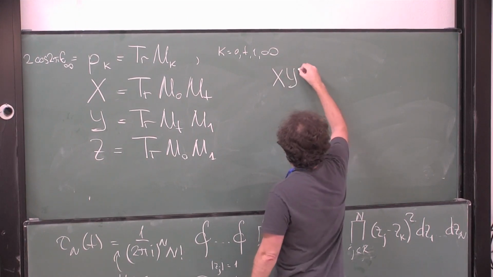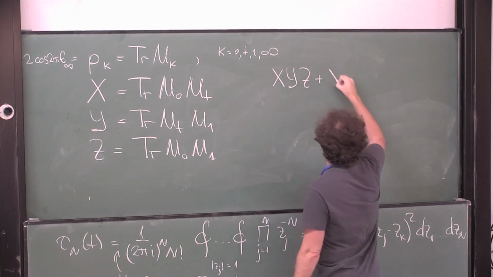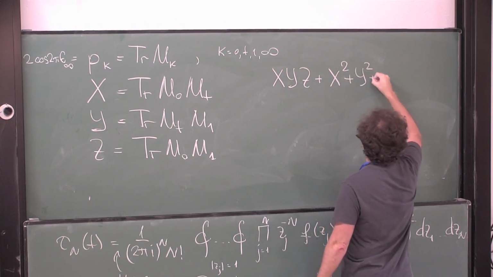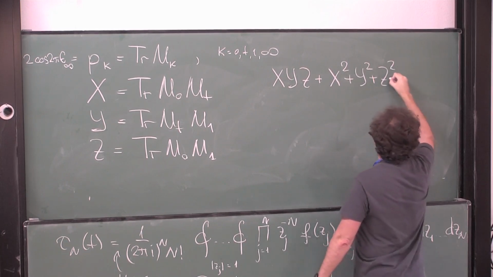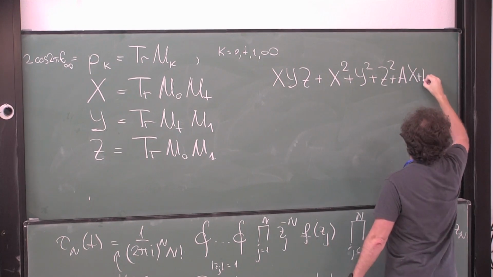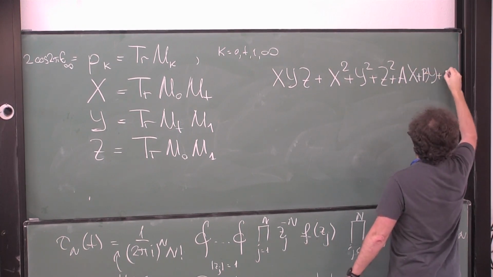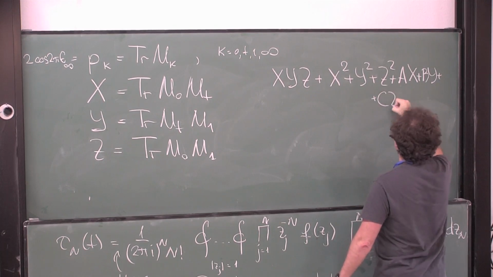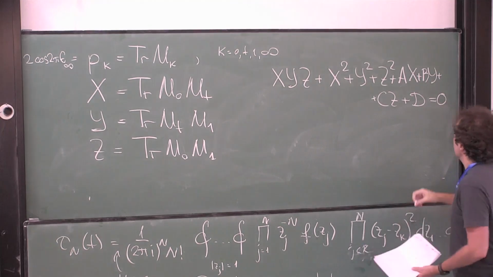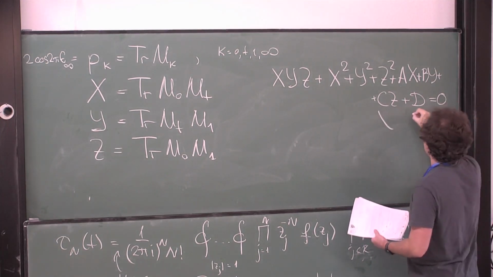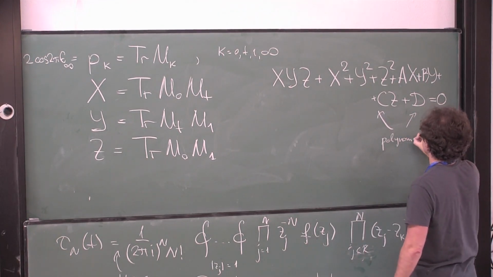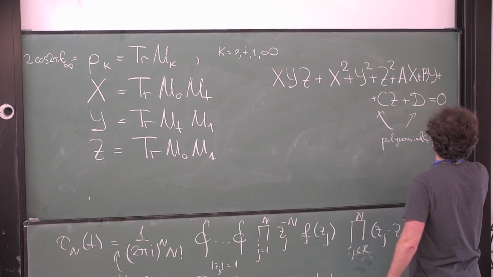An affine cubic: xyz plus x squared plus y squared plus z squared plus ax plus by plus cz plus d equal to 0, where a, b, c, and d are some polynomials in p_k.